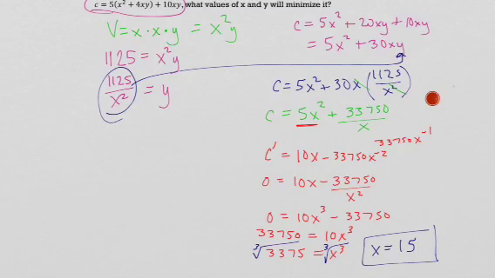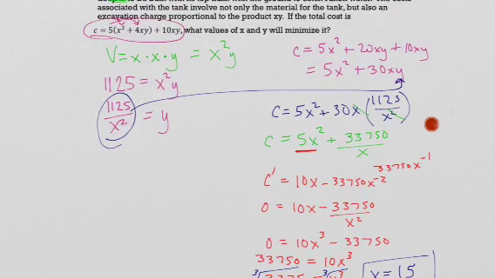Now the question asks what values of x and y will minimize this. So I know x equals 15. I'm going to go back to my volume problem. 1125 equals 15 squared times y.